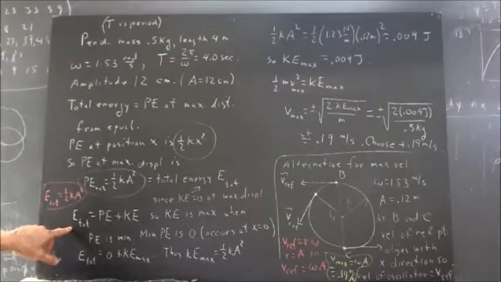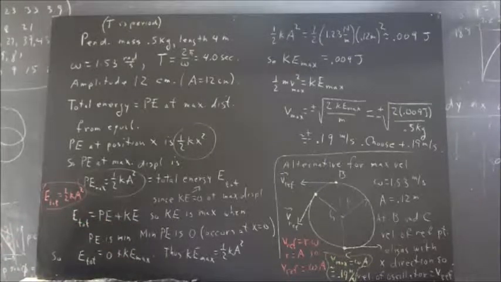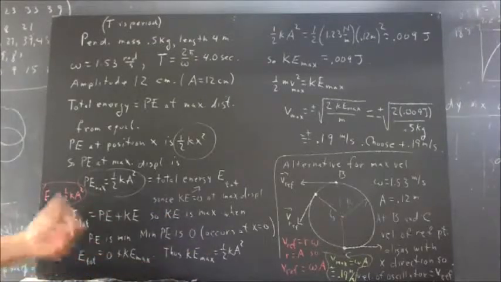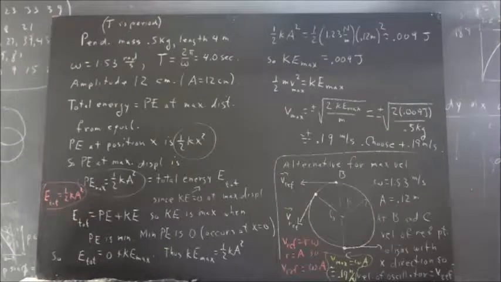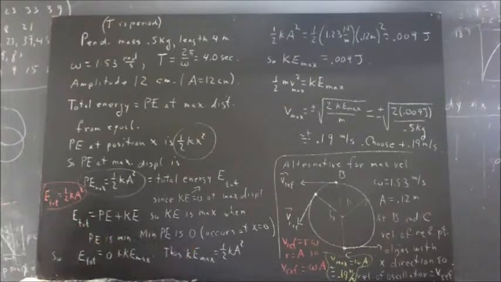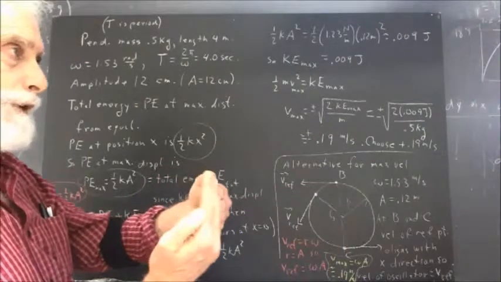Then, we also know that the total energy is the sum of the potential and kinetic energies, so the kinetic energy is at its maximum when the potential energy is at its minimum. And the minimum possible potential energy is 0, which occurs at x equals 0. You fall back to here, your potential energy falls to 0.